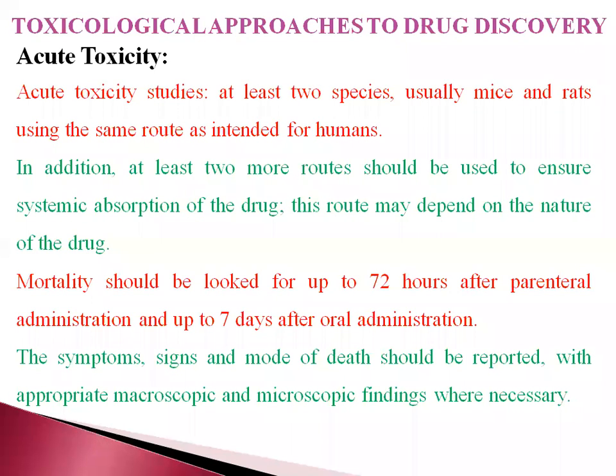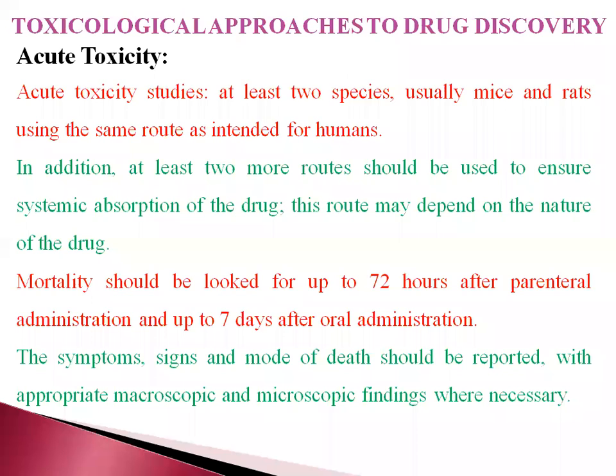Here, we are carrying out studies on mice and rats, and we are considering two different routes, used to ensure systemic absorption of the drug. This route may depend on the nature of the drug. So, based on the type of drug, we can select the route of dose administration.